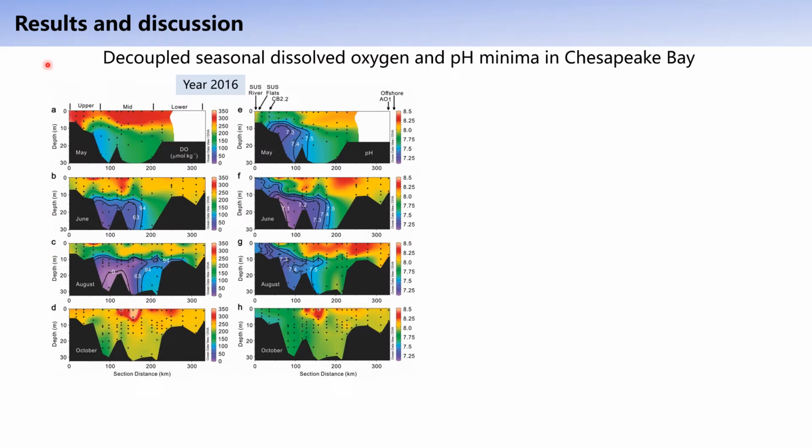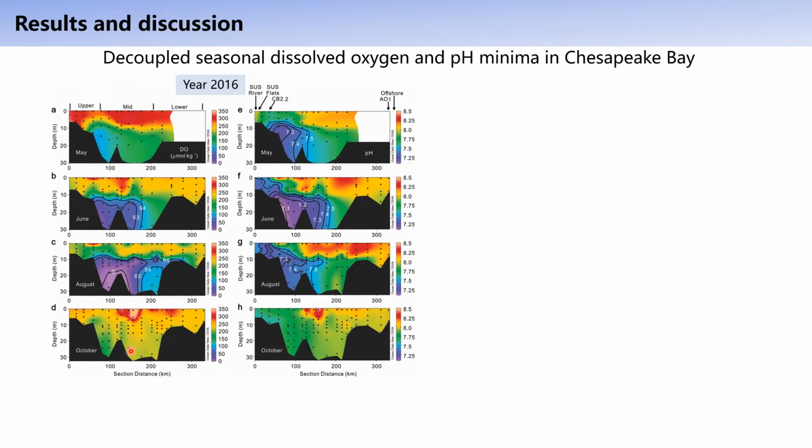This figure shows the profile of DO and pH from the upper bay to lower bay. We can see the mid-bay subsurface DO is lower than the surface DO in May and reaches the threshold of hypoxia in June, and continues to decrease and forms one anoxic zone in the center of hypoxia in August.